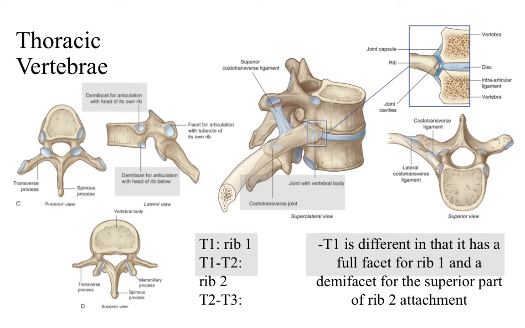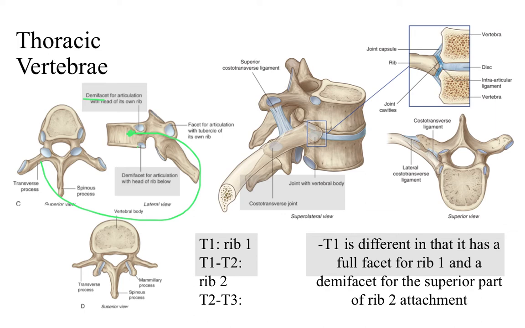And so these are these demi-facets, demi referring to half or partial facets that the ribs articulate onto. And remember, the head of the ribs is going to attach here. It's going to curve back around towards the back and then anteriorly. All right, not that acute of an angle, but you get the point. And here's a picture kind of showing that.